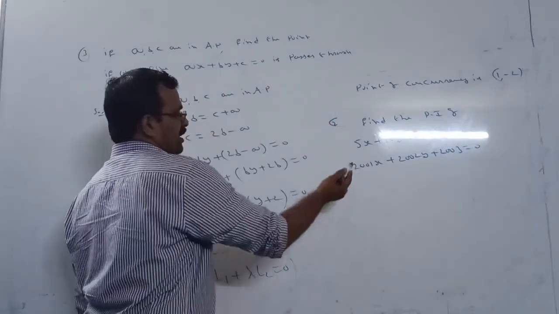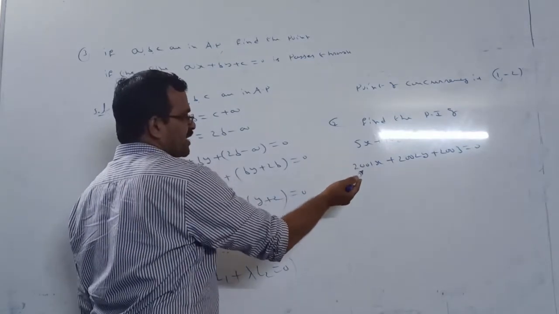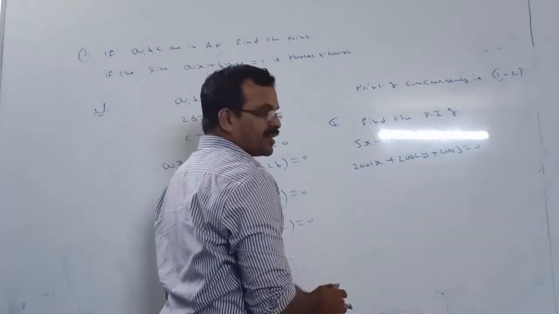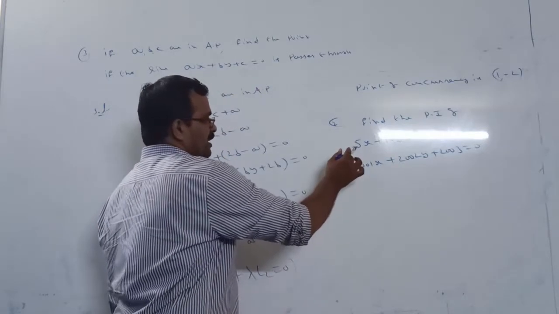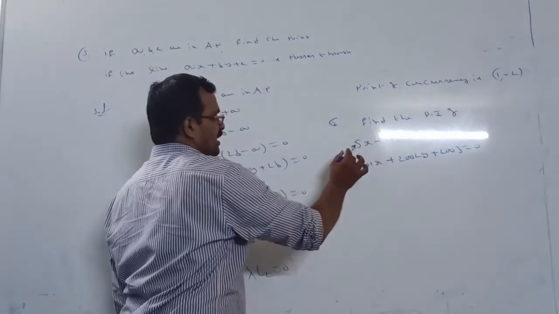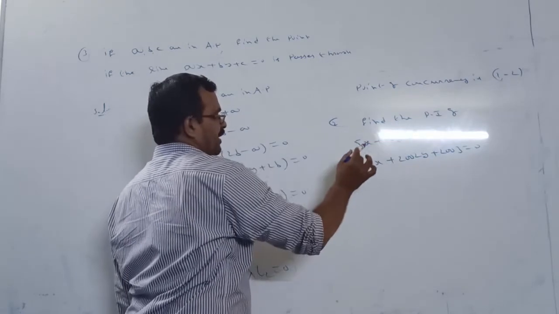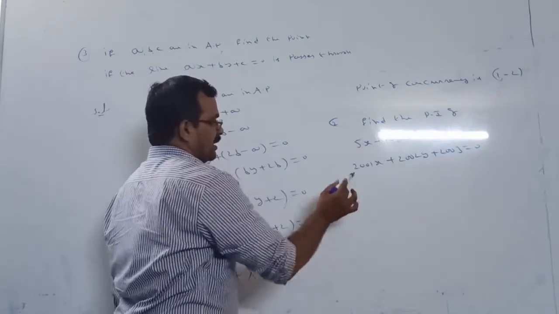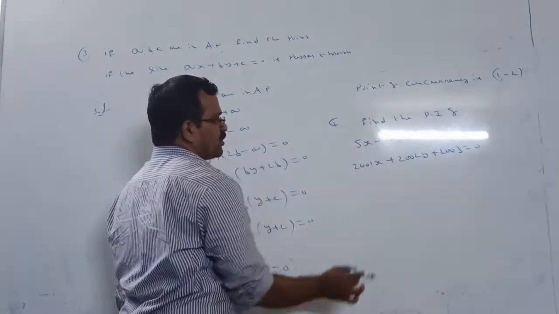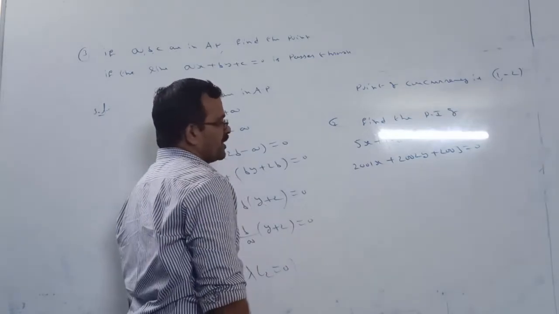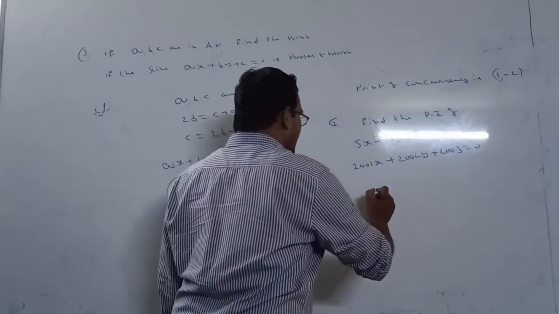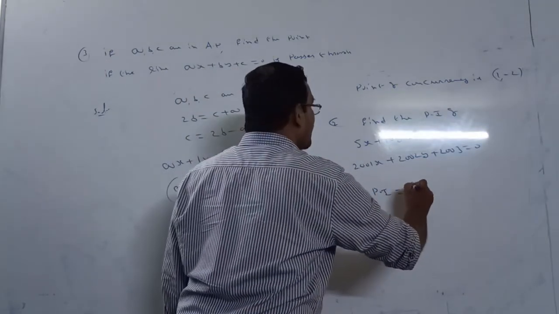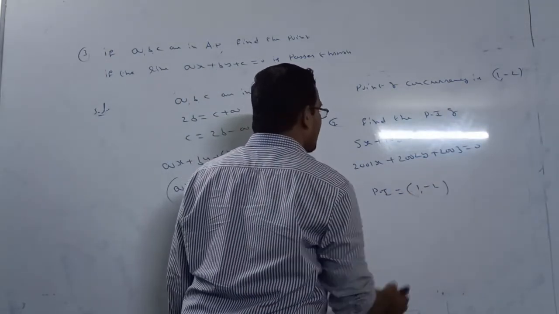Generally, we have to solve for the point of intersection by the cross multiplication method, but for this question there is no need. Observe all the coefficients 5, 10, 15. They are in AP. Here 2001, 2002, 2003, those coefficients are also in AP. In both lines the coefficients are in AP, so the point of intersection is no doubt 1 comma minus 1.